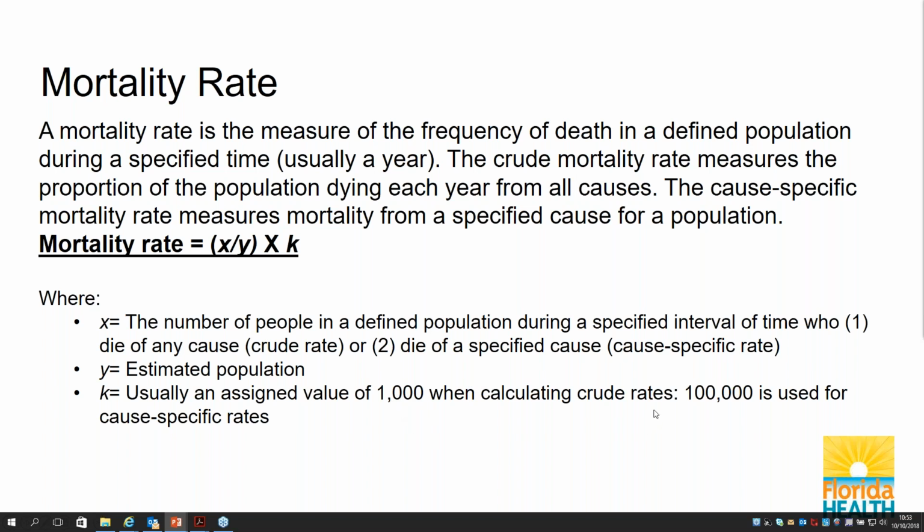You've got to know it, because if they ask you for a crude mortality or a cause-specific and you don't know what to use as K, that's going to completely throw off your answer. And I guarantee you that they'll have that answer using 1,000 as one of your answer choices. Guaranteed. If you do cause-specific rates, they'll have that answer because they are expecting you to make that mistake.